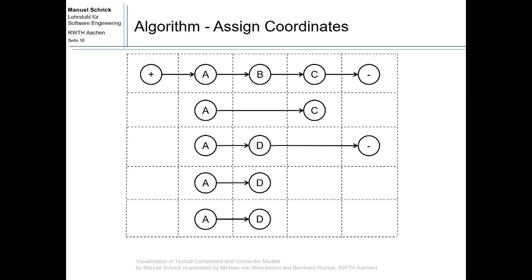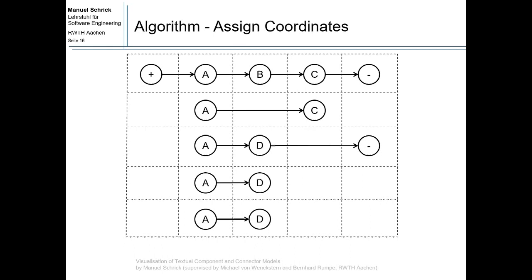And the coordinates of the components then look like the coordinates of the table cells the nodes are in. So if you take a look at node A or component A, it goes from the top of the first row to the bottom of the last row, and from the left of the second column to the right of the second column.